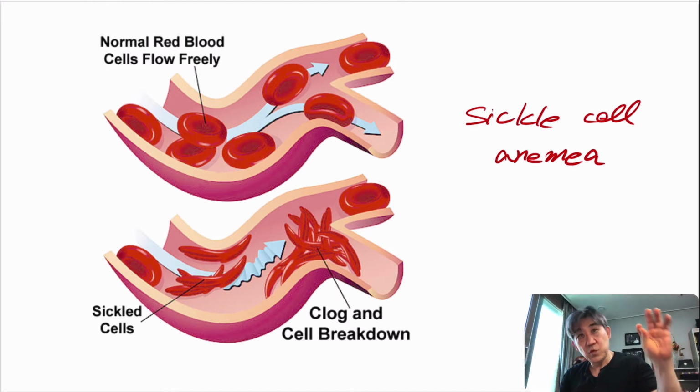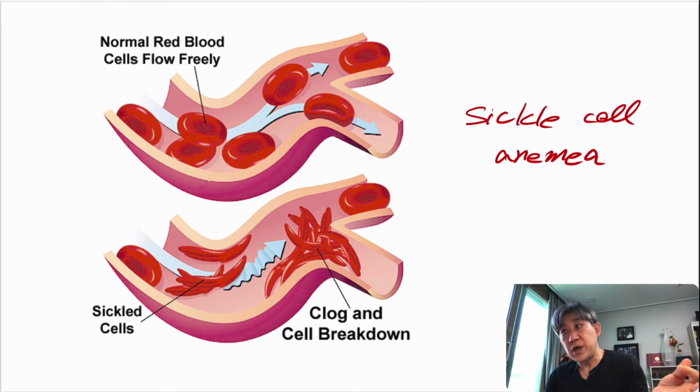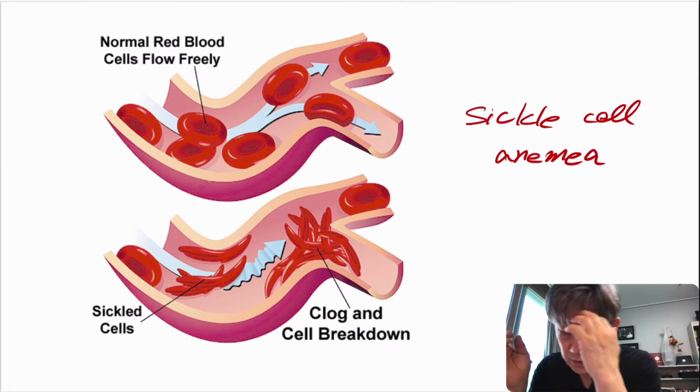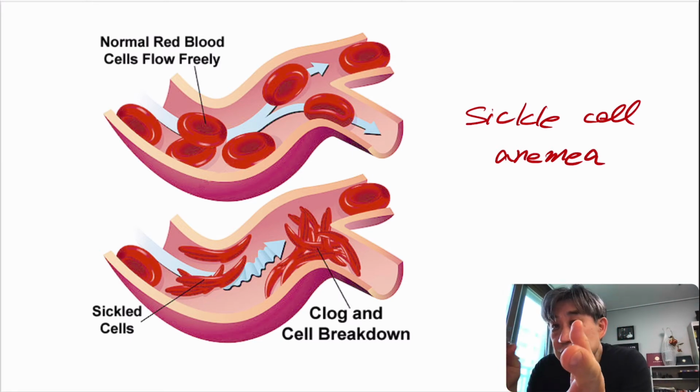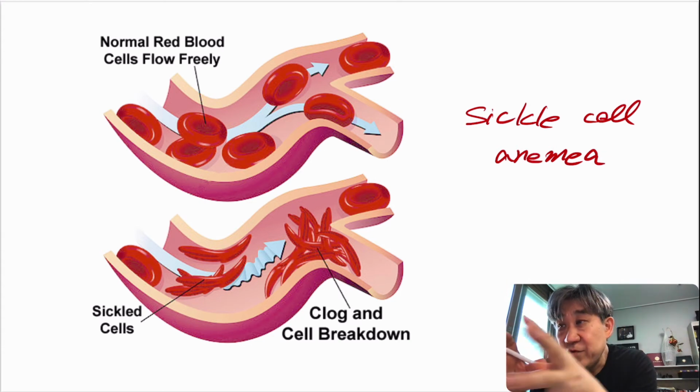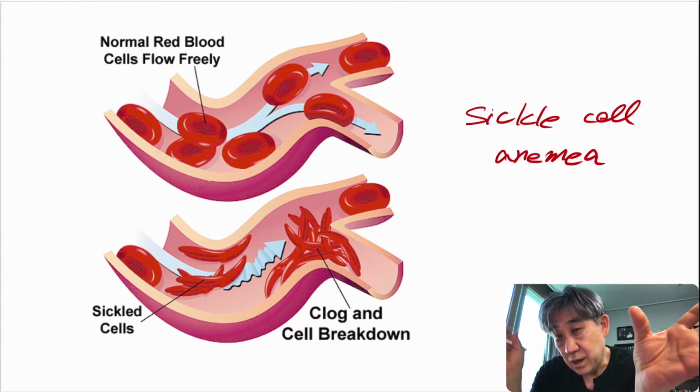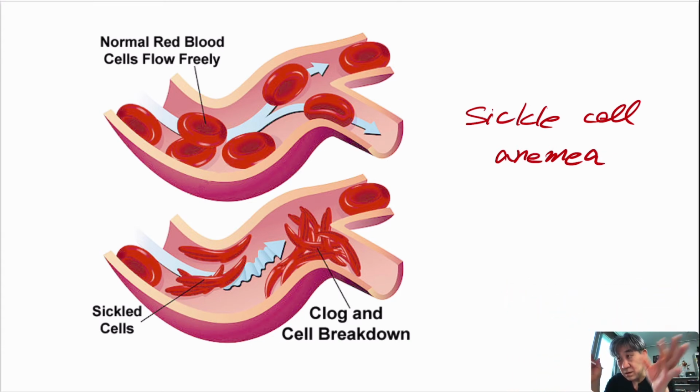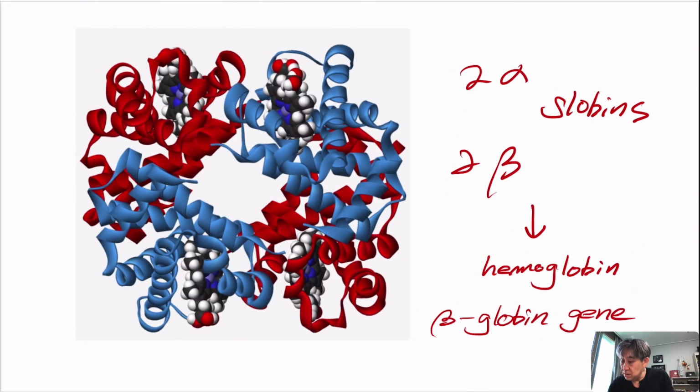Due to that one single nucleotide change, the structure of the beta globin protein is changed into something drastically different. Because of that, the original hemoglobin structure of a globular, round shape is drastically altered into a highly different one.